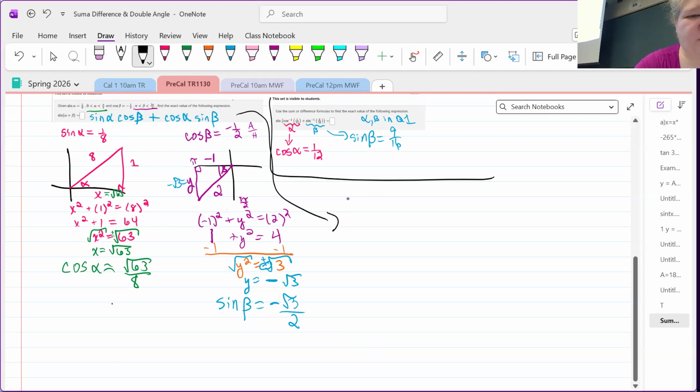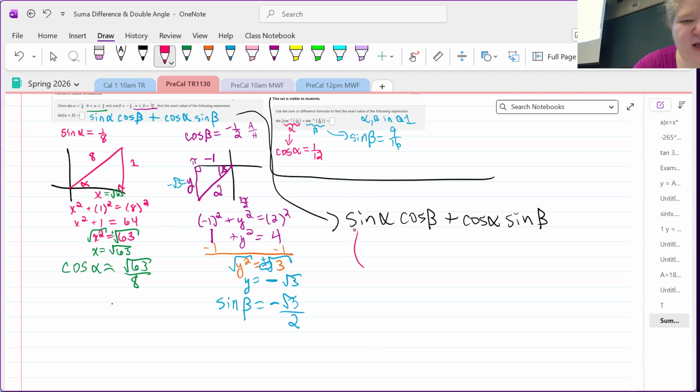So now I've got all 4 pieces that need to go in the formula. So I'm going to write the formula down. Sine alpha cosine beta plus cosine alpha sine beta. So sine alpha is the same as 1/8. So in place of the entire sine alpha, I am writing 1/8. I am not writing 1/8 in place of alpha.